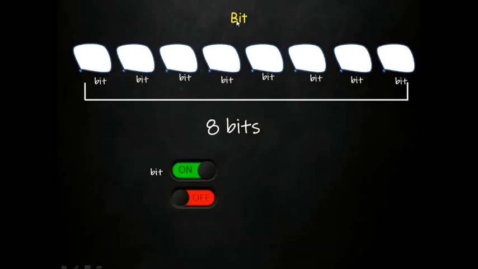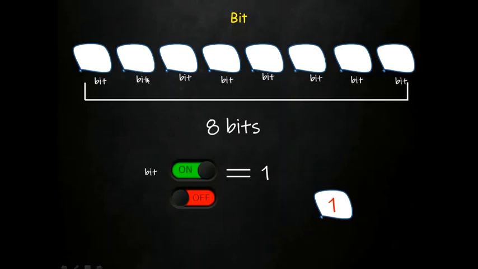So a byte which consists of 8 bits, each bit over here can either be on or off. Okay, so here it is off. When a bit is on, that means it is set to high. When you set it to high, that means the value it takes is 1.